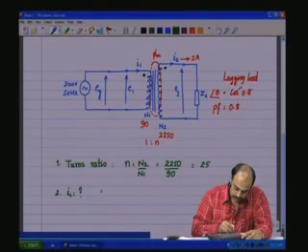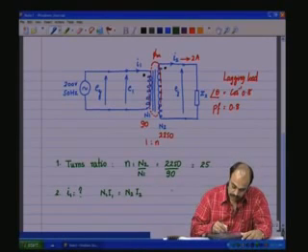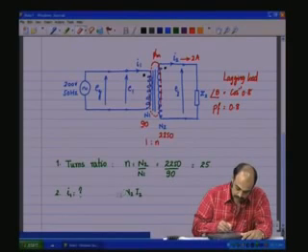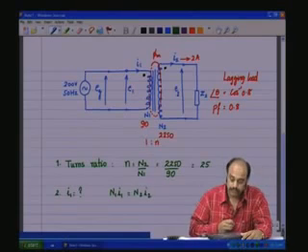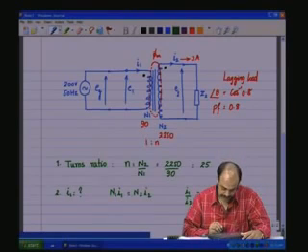So we know that N1 I1 ampere-turns should be equal to N2 I2 ampere-turns. And also from the power equation, as we have earlier seen, let me use the same notations. N1 I1 is equal to N2 I2, because I1 by I2 is equal to N2 by N1, this inverse proportionality for the currents.